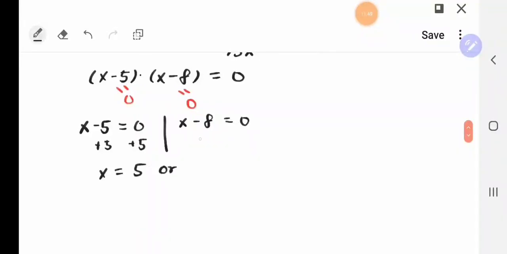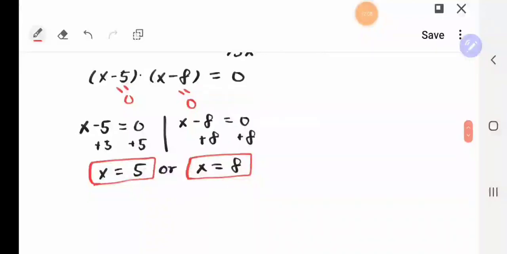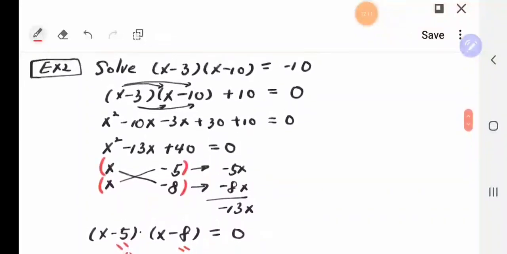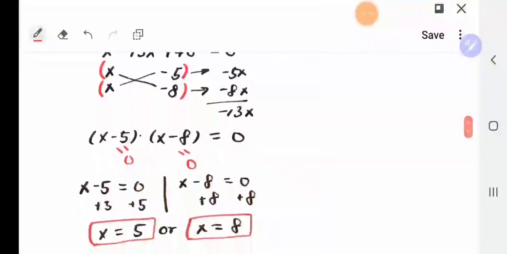Or plus 8 each side. Then x equals positive 8. So we have two solutions. x is 5 or, sorry, 8. So if x is 5 or 8, then the equation will be true. So there are two solutions.